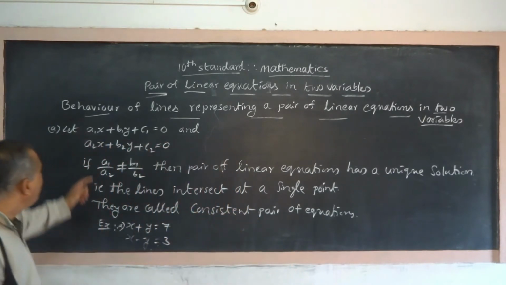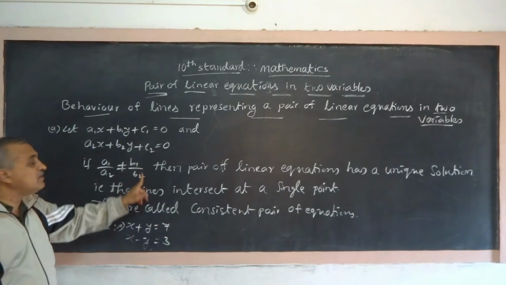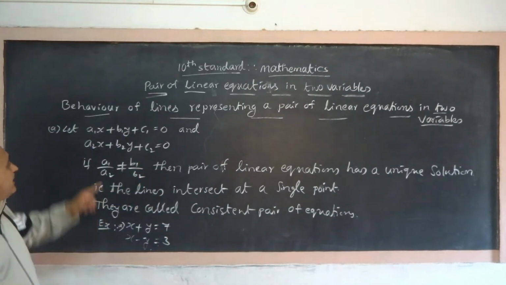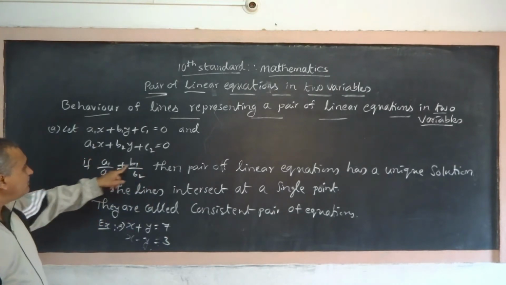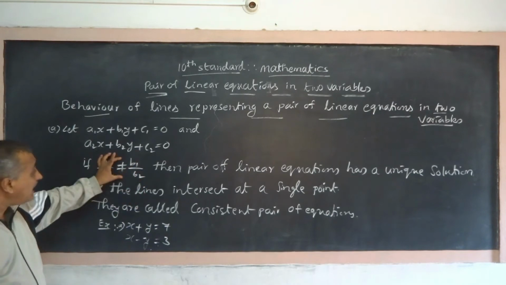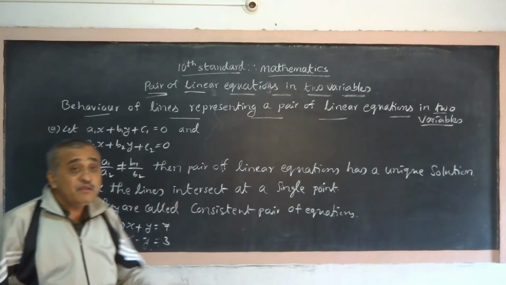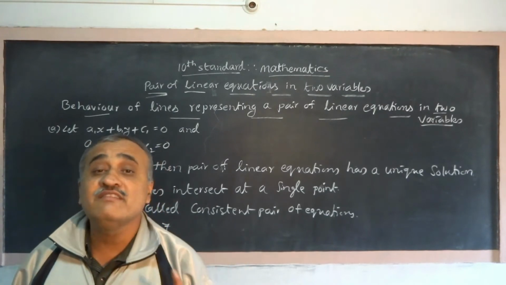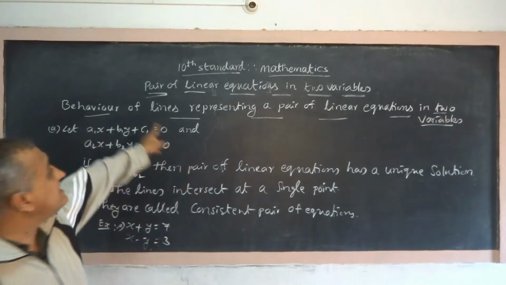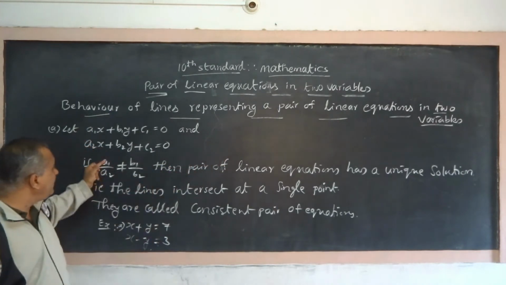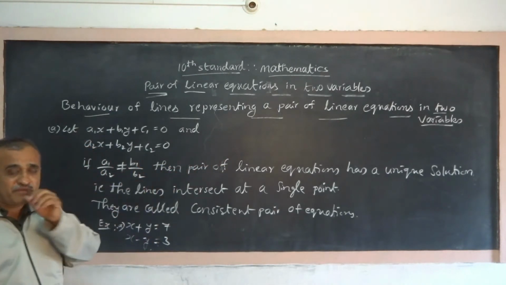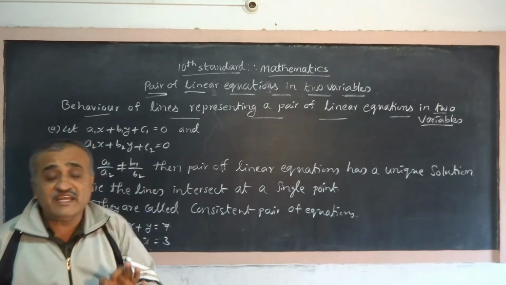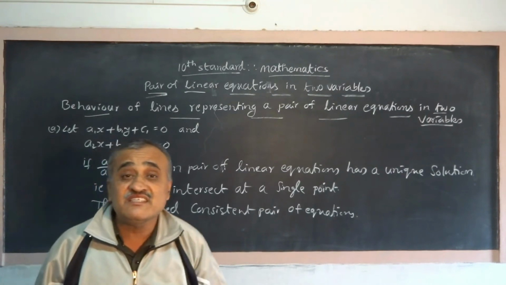Now if a1 by a2 is not equal to b1 by b2, if the ratios of a1 and a2, and b1 and b2 are not equal, then the pair of linear equations has a unique solution. What is their behavior? If a1 by a2 is not equal to b1 by b2, then the lines are consistent.